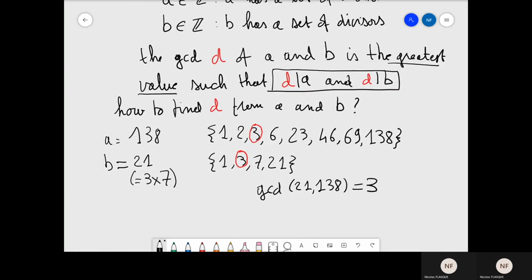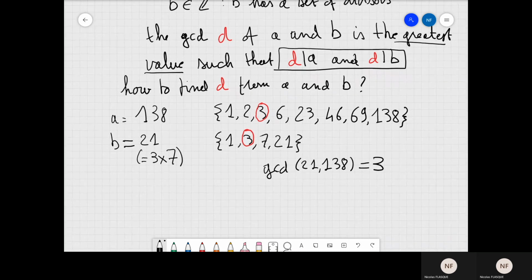So this is possible to do, but when the numbers become bigger and bigger, it might be hard to find the whole set of divisors, and actually even too hard for a computer to do.